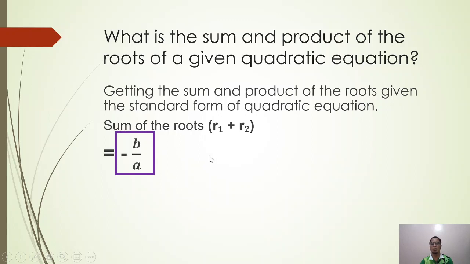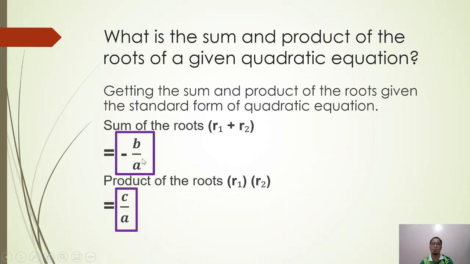When we talk about the product of the roots, ito yung given, r's of 1 times r's of 2. Pinakita ko na rin kanina, C over A. Napansin walang negative. So just by looking at the quadratic equation, pwede natin kagad makuha yung sum and product of the roots using the values of A, B, and C.